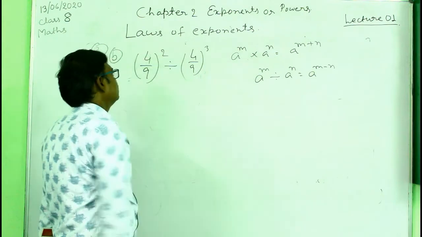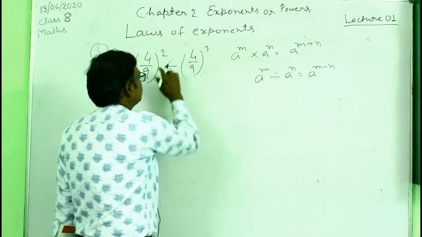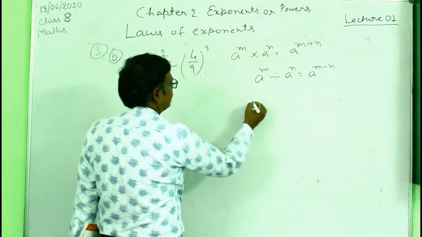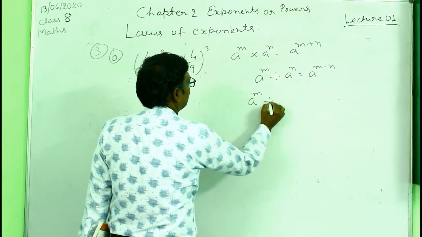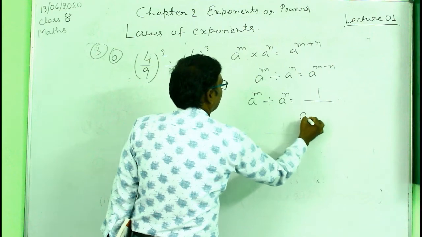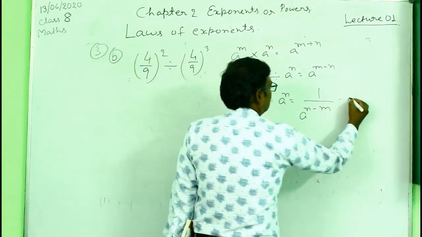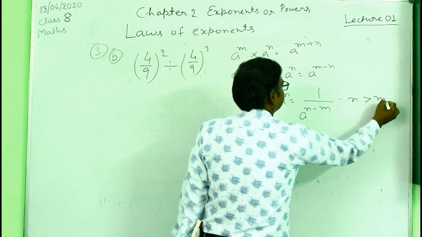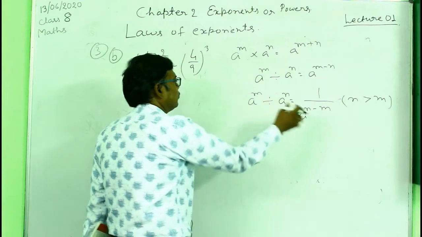In this the exponent is 2 and in this the exponent is 3. So 2 is less than 3. For that the formula will be a to the power m divided by a to the power n equals 1 by a to the power n minus m. Here n is bigger than m, so we will use this formula.